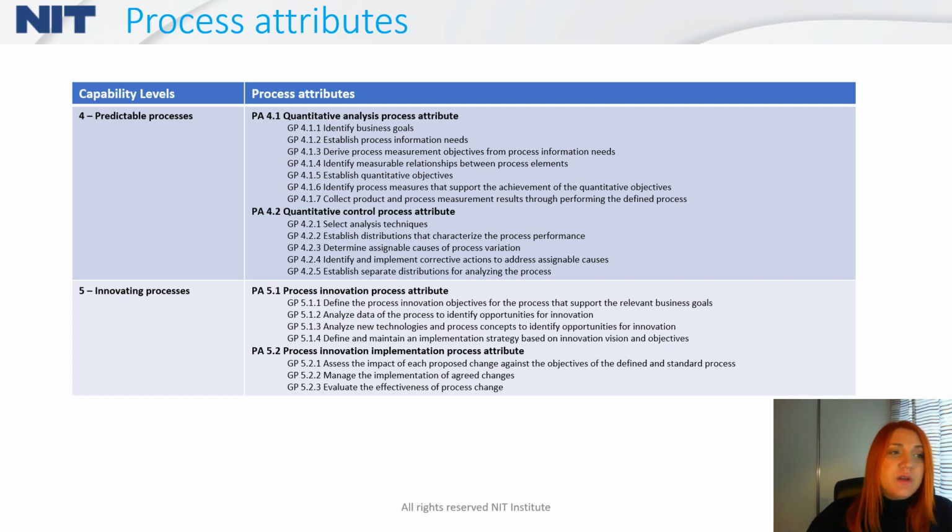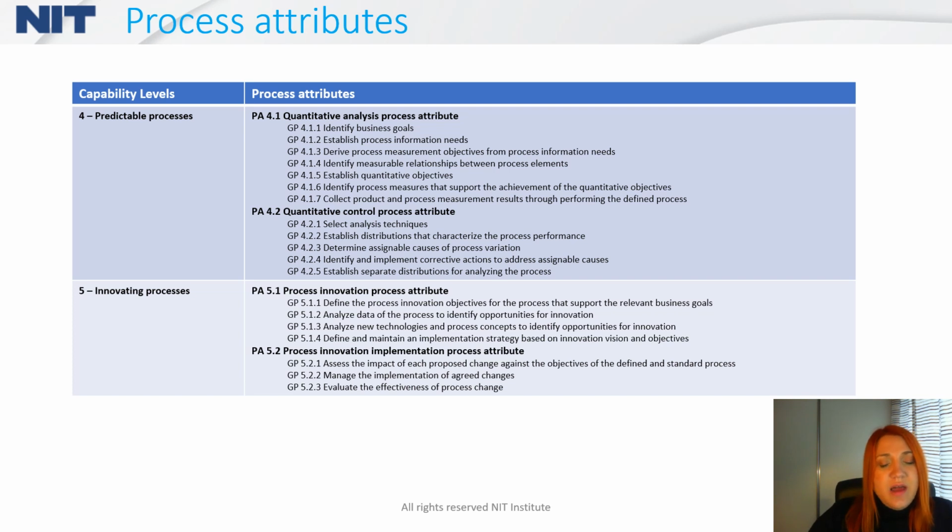Since most of the companies in the world and basically most of the OEMs are just looking at capability level 3 of Automotive SPICE, we will not zoom in so much on capability levels 4 and 5, because they're almost not used in the market.